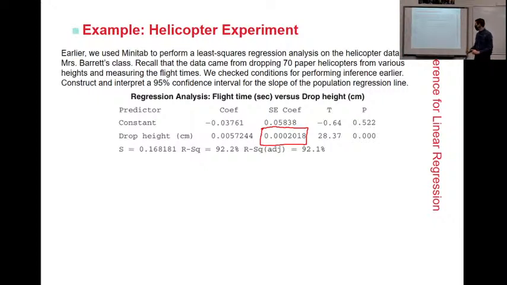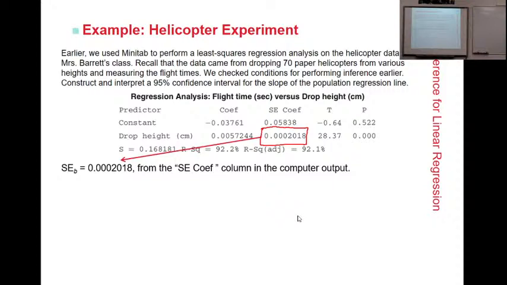So, confidence interval for the slope. For the standard error for the slope, we go to my slope row, which is the one with a variable attached to it, go to standard error, and that's what goes in the formula. The t-score we get the same way we have gotten t-scores for confidence intervals. The sample size was 70, so degrees of freedom is n minus 2.